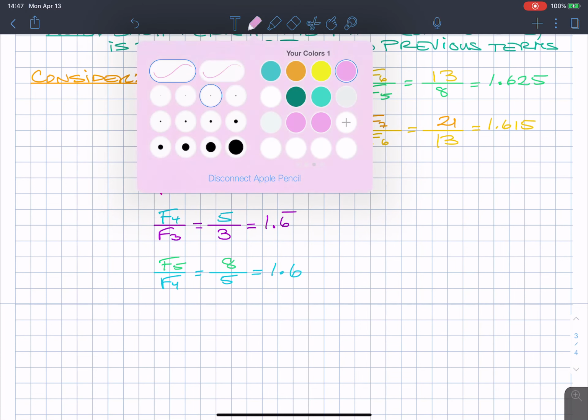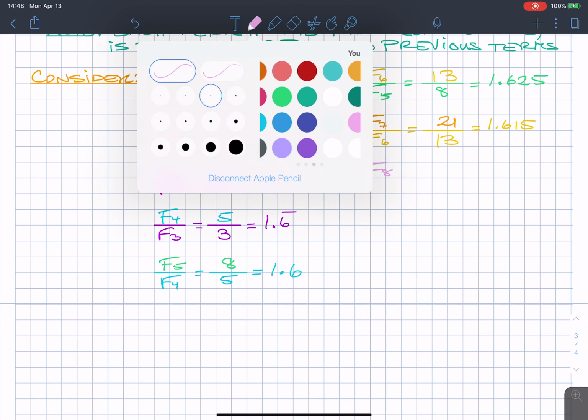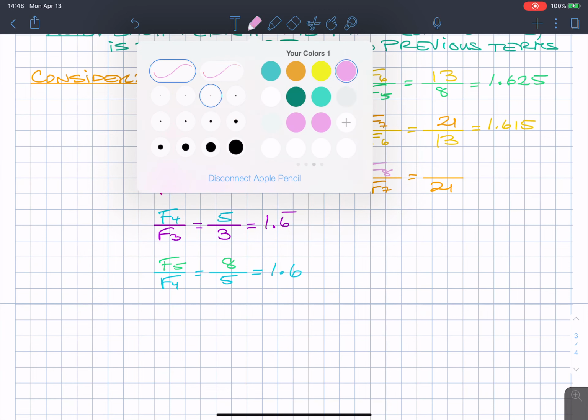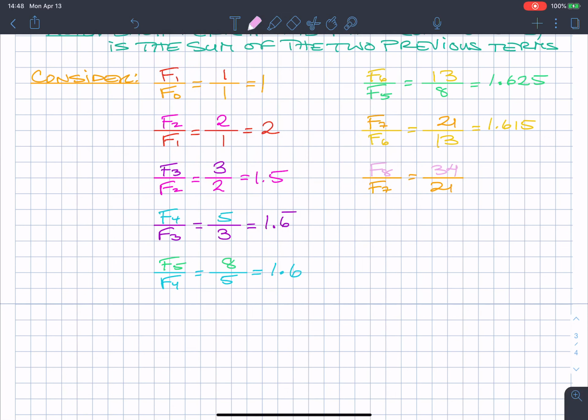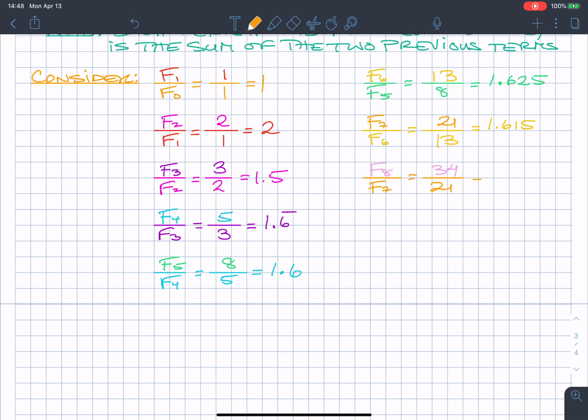Now let's do f sub 8 divided by f sub 7. So you have now 21 on the bottom and 34 on the top. Okay, so put that in your calculator. And what you should get is 1.619.